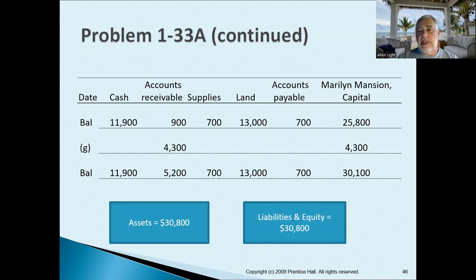Expenses and revenue have to be recognized in the period that they've been earned. So even though I didn't receive cash, I'm still going to recognize it as revenue and add to capital. Okay, so 4,300 in accounts receivable was added, 4,300 in capital was added because it's revenue.